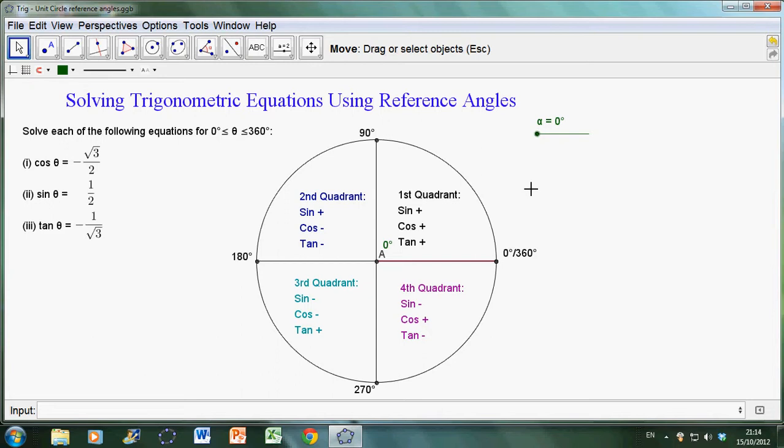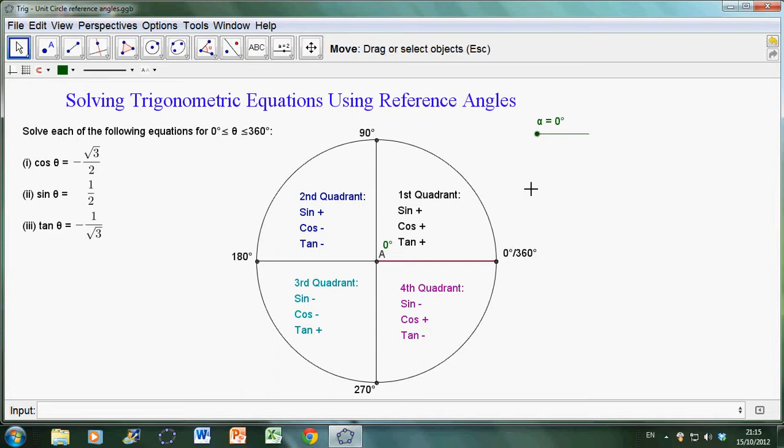Now, if we look at our example here on the left hand side, we have our first trigonometric equation, cosine theta equals minus root 3 over 2. The first step in solving that is to find the reference angle. The reference angle is an angle between 0 and 90 degrees. It just helps us figure out a starting point, or a reference, that's why it's called a reference angle.